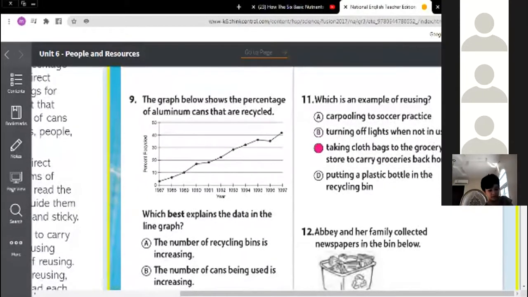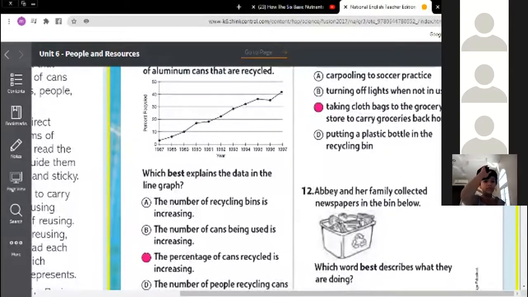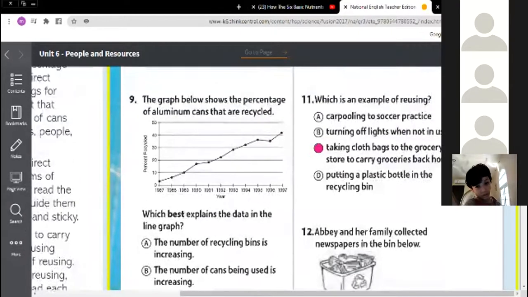In year 1989, how many percent? Check from this graph. You don't know.